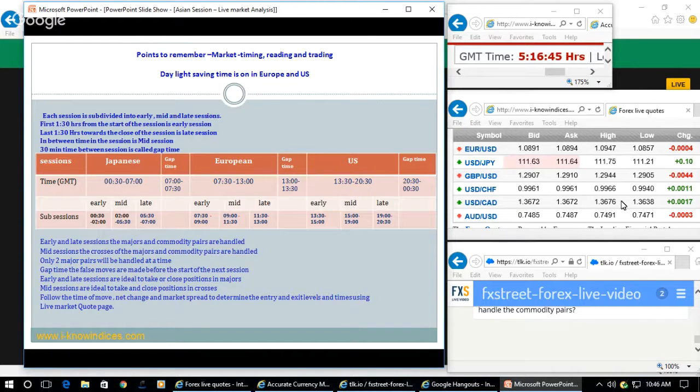They will not breach the high or the low, but the corresponding crosses will. How is it possible? When they make a contrarian move in the majors, such breaching of the high and the low happens in the crosses. So you can watch and accordingly take positions.